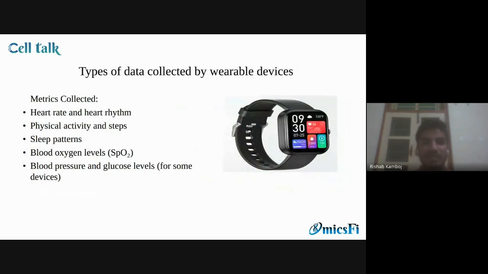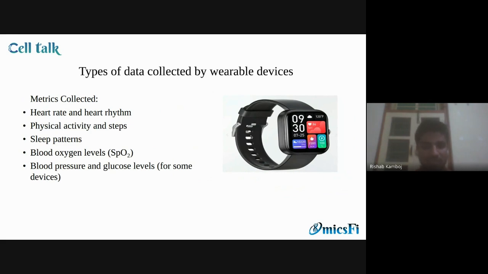Second thing, the types of data that can be collected. There are various metrics that can be collected, but the most common are heart rate and heart rhythm, which we measure using BPM, beats per minute. Another is physical activity and steps, where you can count how many steps you walk in a day or how many calories you have burnt in a day, or sleep patterns, or blood oxygen levels, that is SpO2.